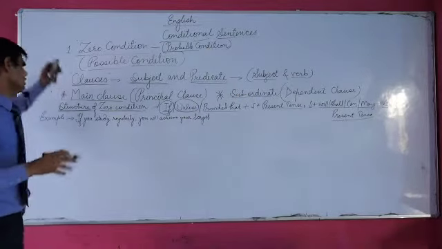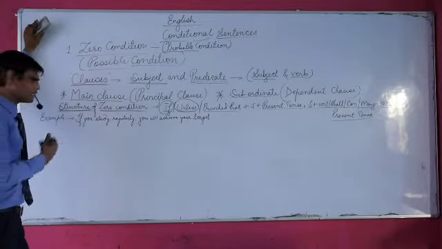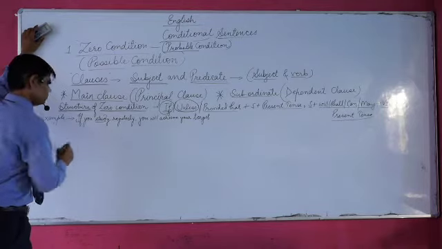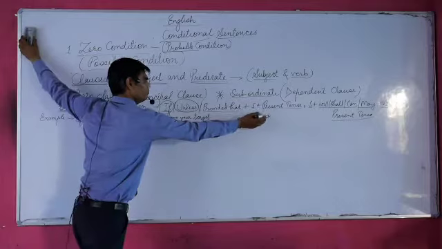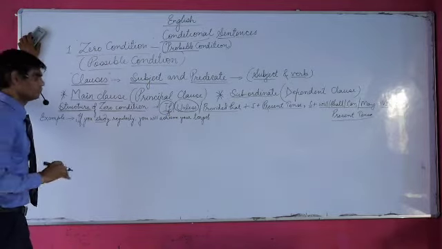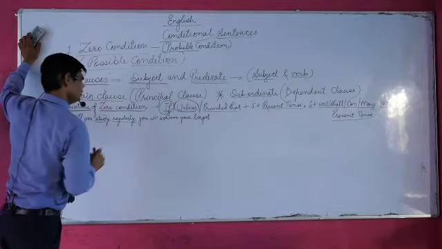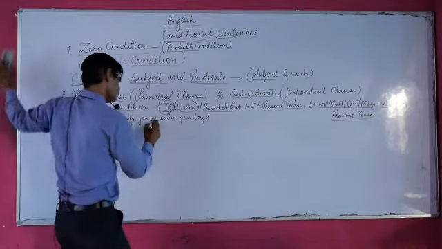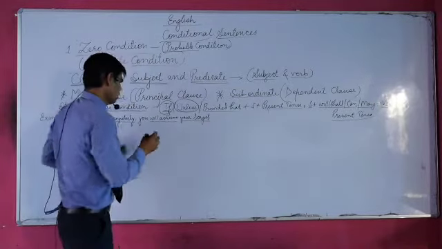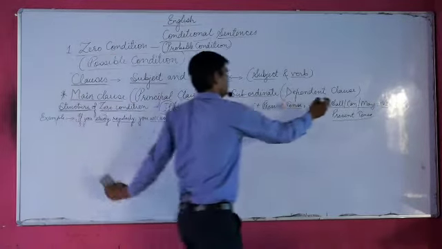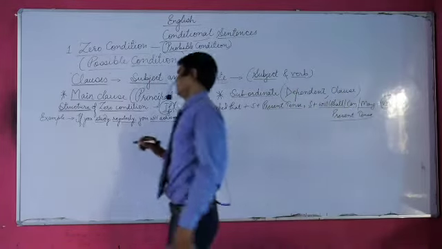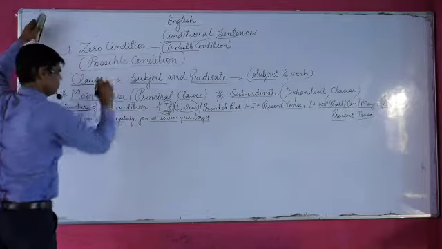Now some examples. Present tense, present indefinite: If you study regularly, you will achieve your target. Here look, we have will and first form. So this is called the zero condition.